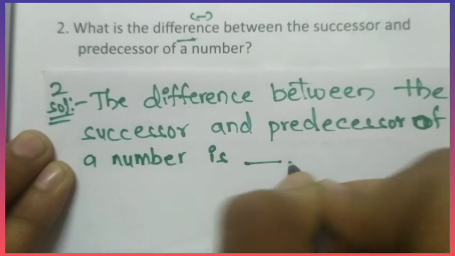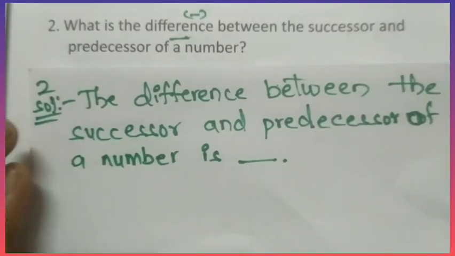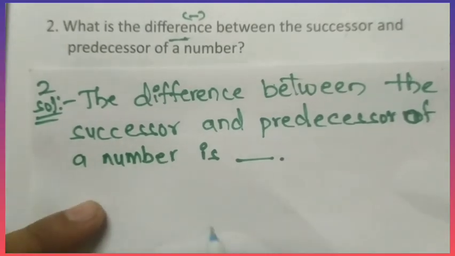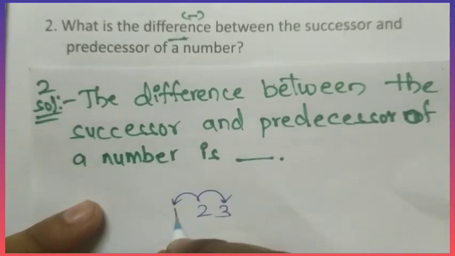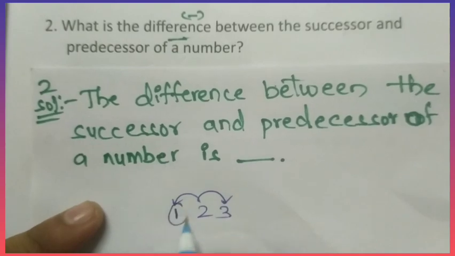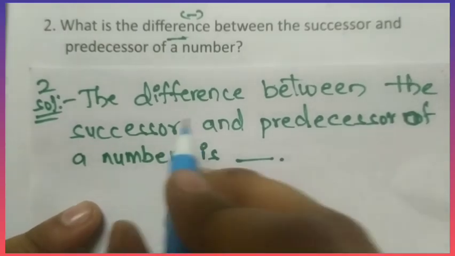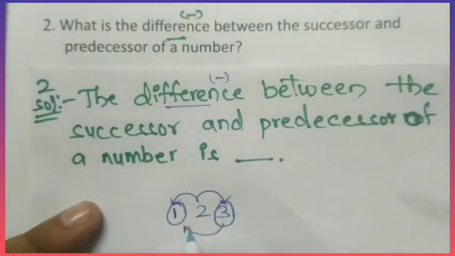Is, look here, for example I am taking one number. Let's take 2. What is the successor of 2? 3. And predecessor? 1. 1 is the predecessor and 3 is the successor. Difference means we have to do subtraction. So 3 minus 1, what do we get? 2.